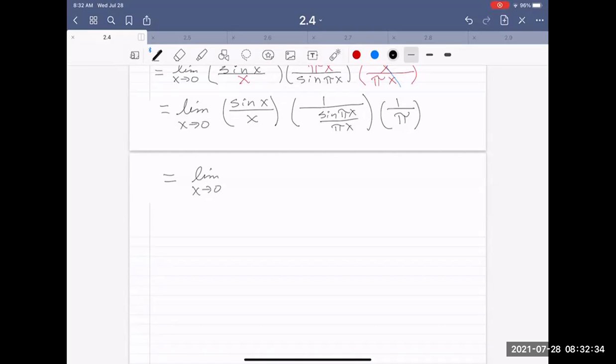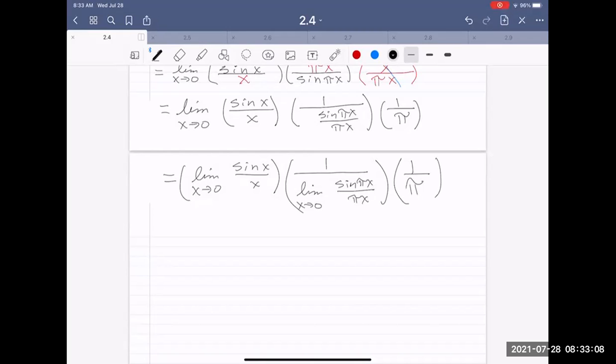Limit as x approaches 0 of sine x over x times the limit as x goes to 0 of 1 over, actually, let me write it this way, because this is also true, that 1 over the limit as x goes to 0 of the sine of pi x over pi times 1 over pi.